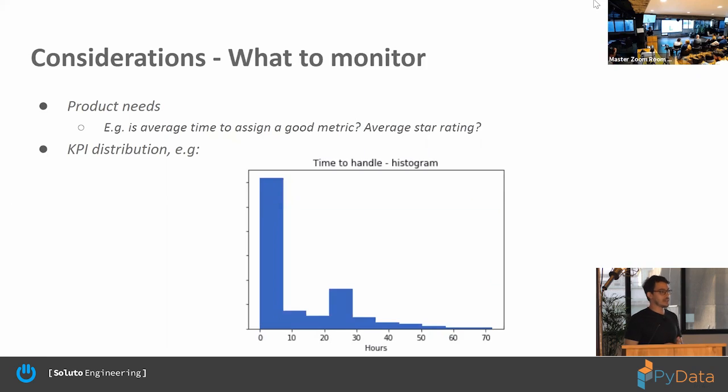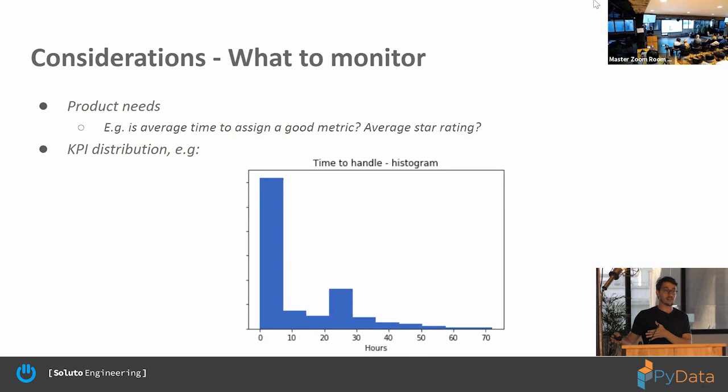So for example, considering the product needs, we have one of our KPIs, which is the time to assign. How much time from the first customer question until he's getting his first response. So for this, we can, for example, go to the average time. But when we go there, we know that we have a long tail and we tend to have a lot of outliers. So is it a good metric?